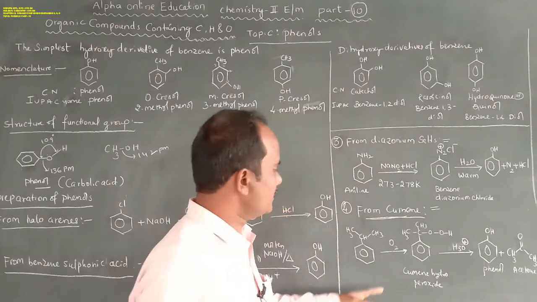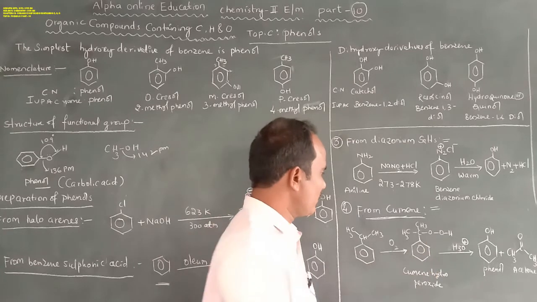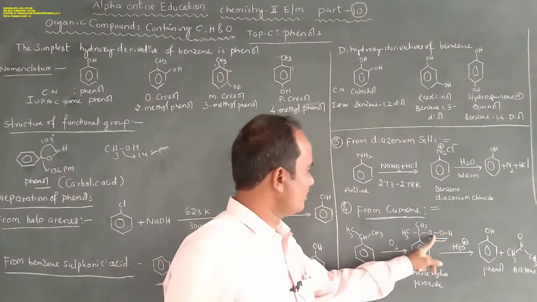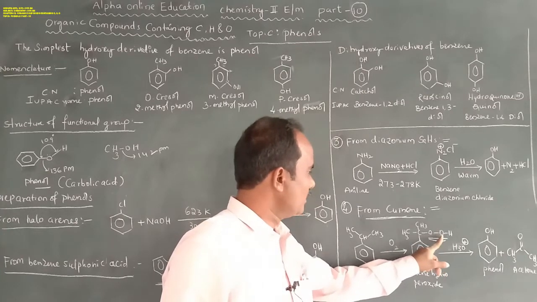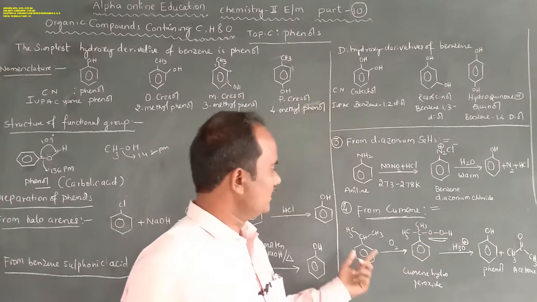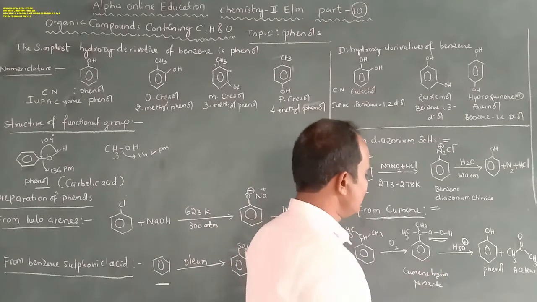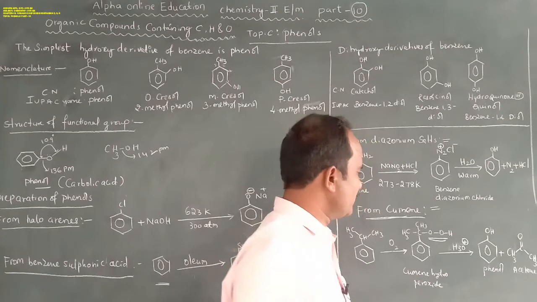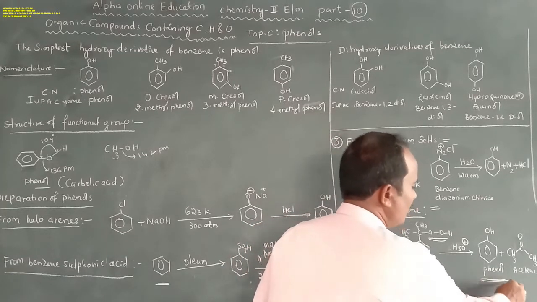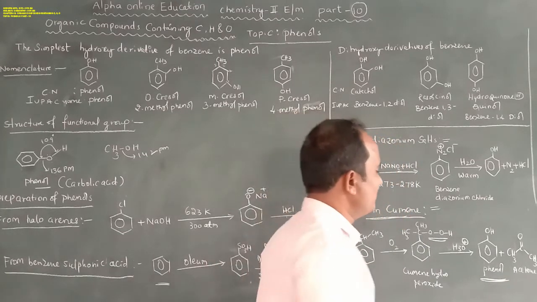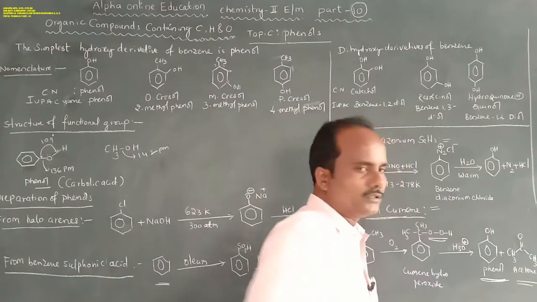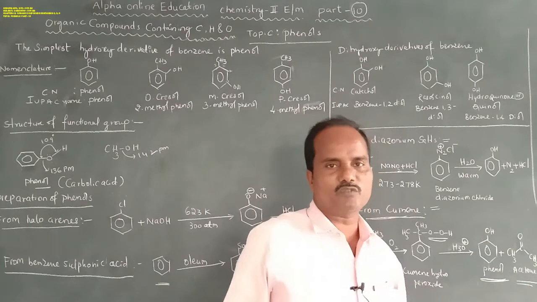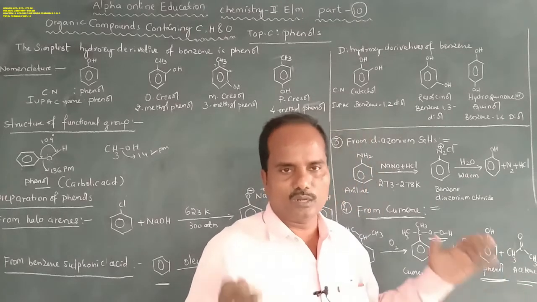Then cumene hydroperoxide, with a peroxy bond, is formed. This cumene hydroperoxide is subjected to acid hydrolysis, then phenol is formed, and the byproduct is acetone. The byproduct acetone is formed in large amounts.